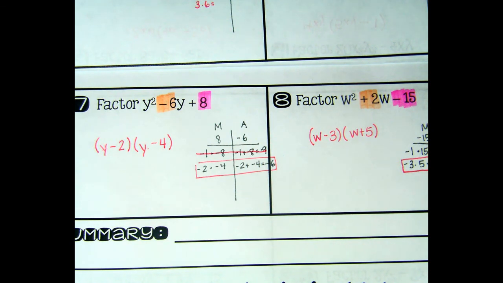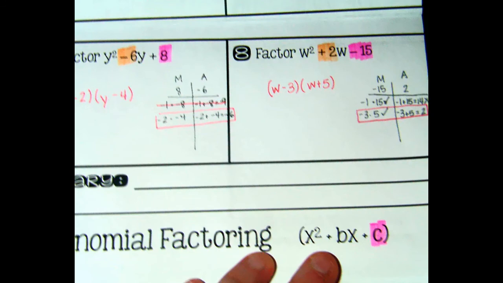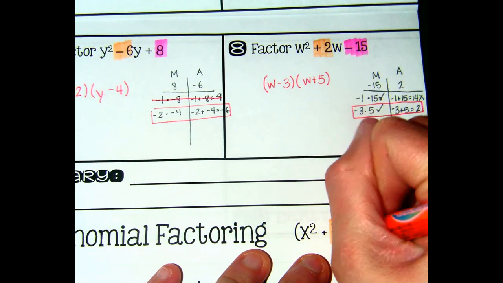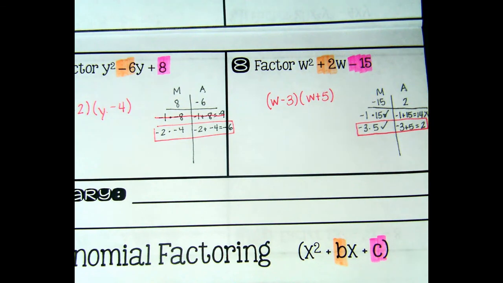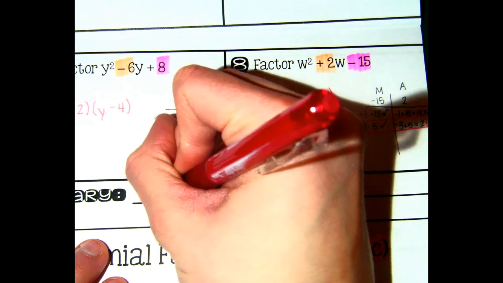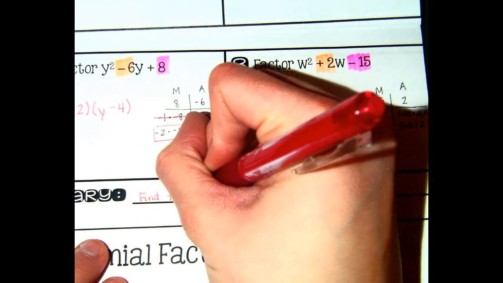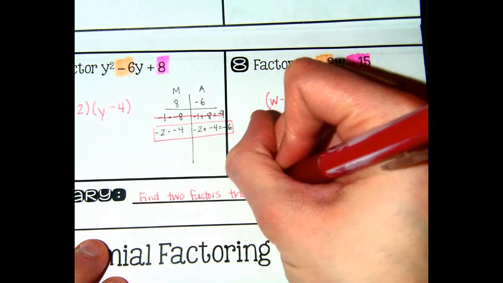Alright, the summary. Here is the last value. We actually call it C. And the middle value. How did we find what our two factors were going to be? Find two factors that multiply to give you what?